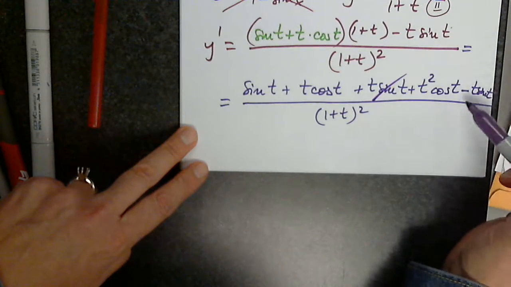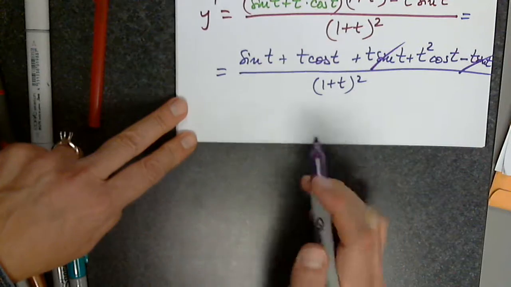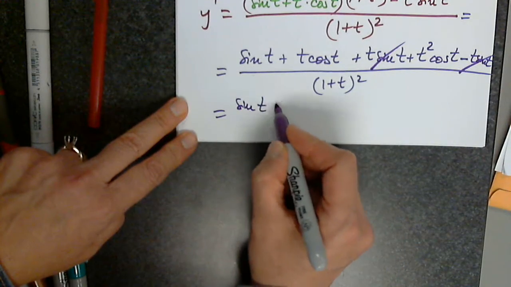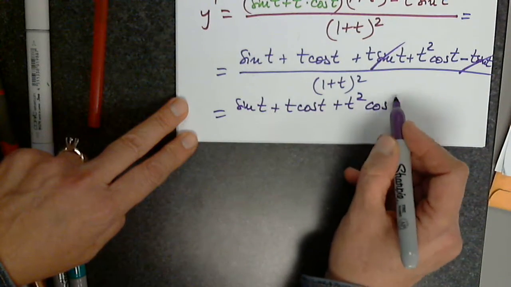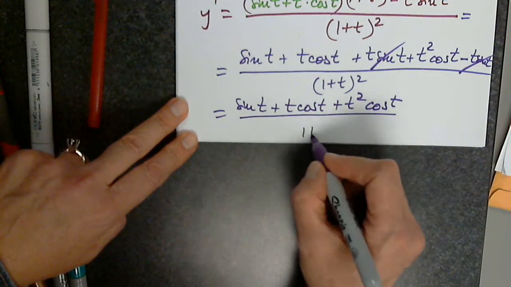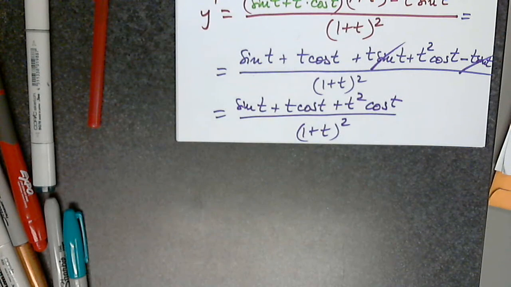And yes, these two go away. There is nothing else I can do. So I have sine t plus t cosine t plus t squared cosine t over 1 plus t everything squared. Any questions on this? Is this okay?